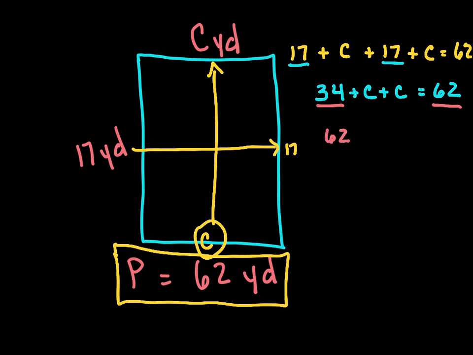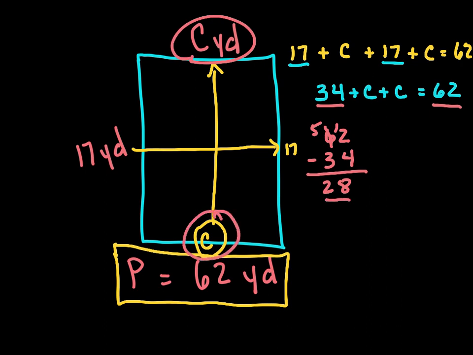So 62 minus 34 is 28. So we know that this side plus this side is going to give us 28. So we have to cut it in half. And how we cut this in half is we divide by 2, because there's 2 sides. 28 divided by 2 is 14.